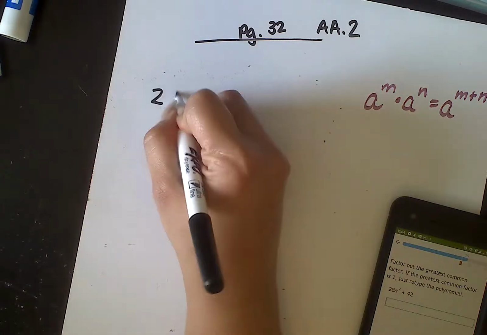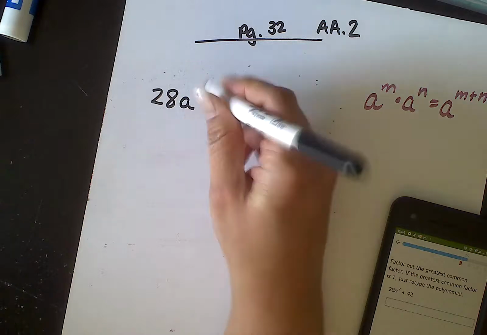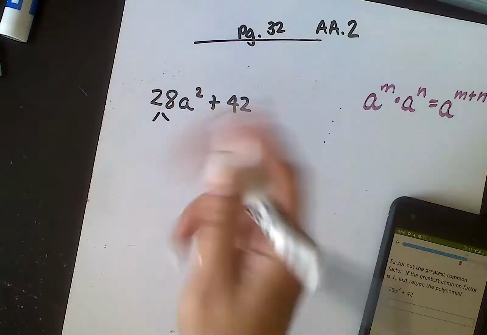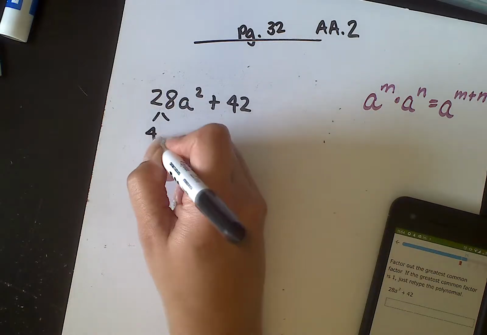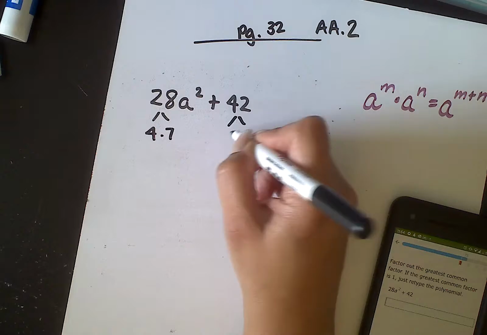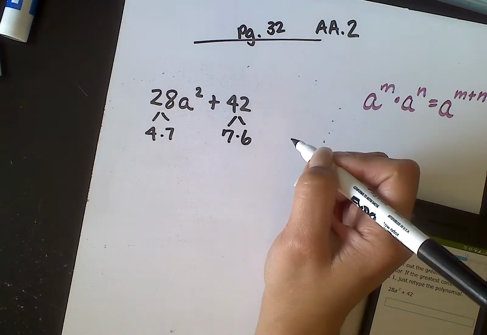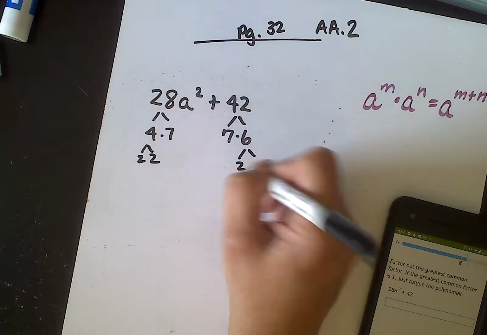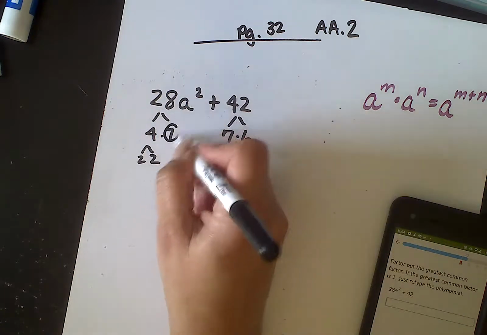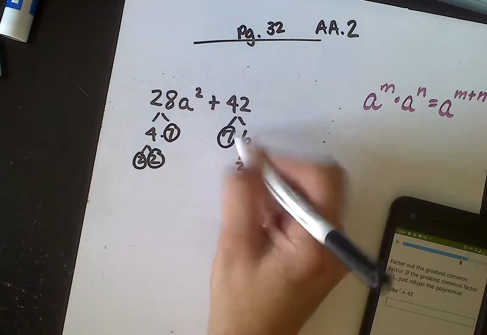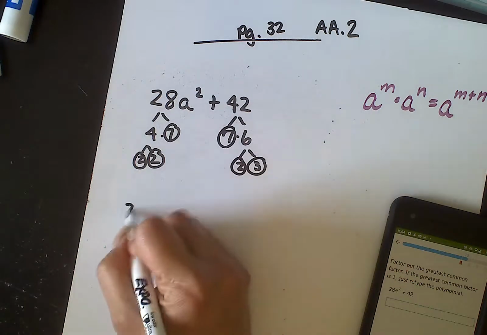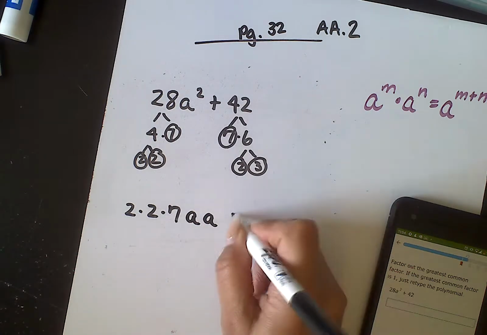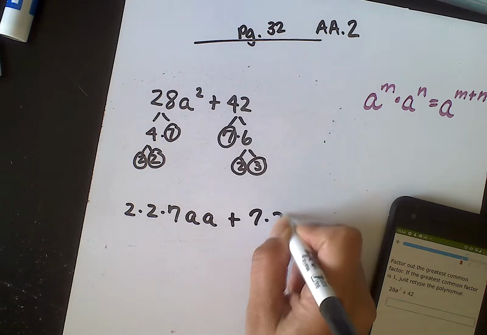28a squared plus 42. All right, 28 we had already done into 4 times 7. And 42 I know is 7 times 6. Oh, that means, yeah, let's break that down. 2 and 2 and 2 and 3. Okay, so that means that's 2 times 2 times 7, and then a a plus 7 times 2 times 3.